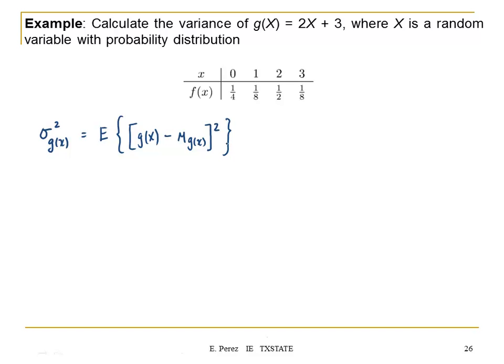So let's first find the value of the mean. We need this number first, the expectation for that random variable.